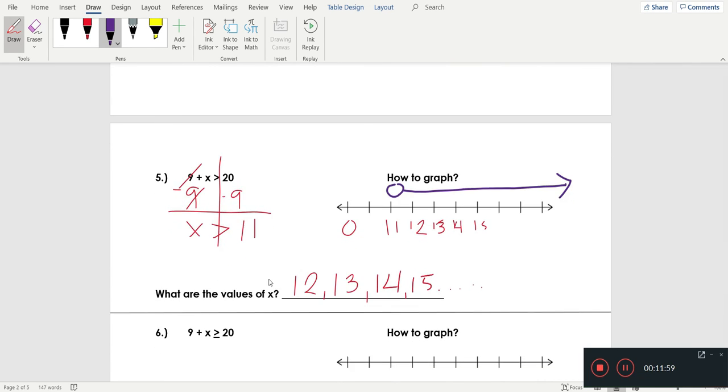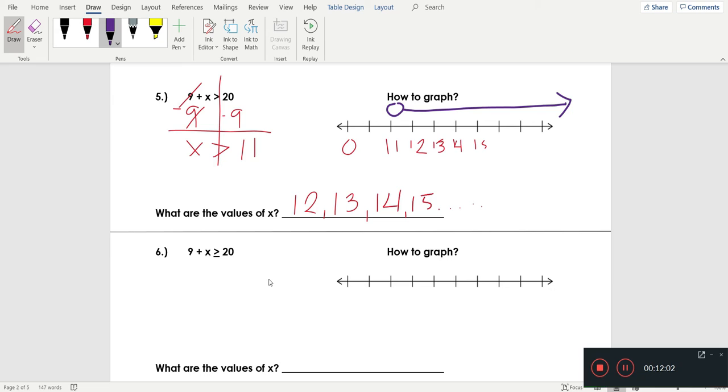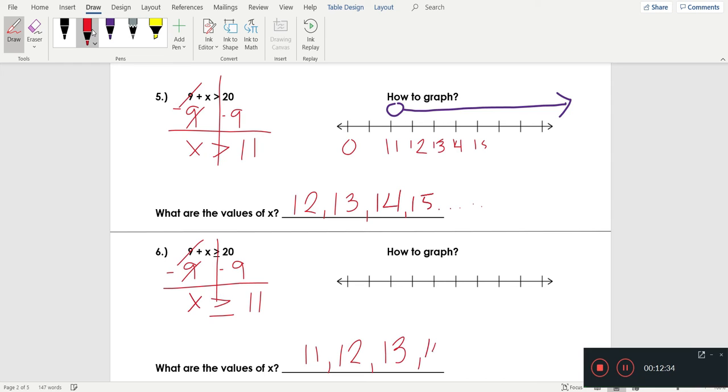Okay? So here, we're going to solve this one. We're going to get the values of x by subtracting 9 from both sides. So 9 plus x is greater than or equal to 20. I cancel this. I have x is greater than or equal to 11. So what are the values of x? Since there is an equal to, we'll start with 11, 12, 13, 14, 15, and so on.